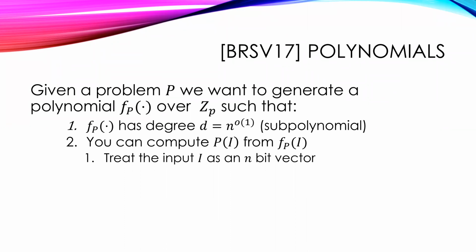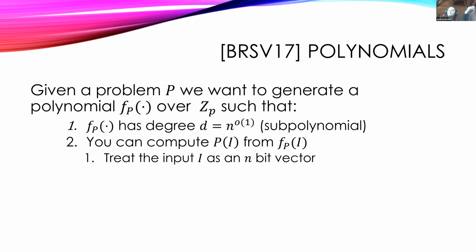And you can use this polynomial to compute the answer to your original problem. So in the case of the FOV polynomial and F0 k-clique polynomial they came up with, it turns out that FOV computes exactly counting OV. So if you treat this input I as an n-bit vector, that's just the input to your original OV problem, you can use their FOV of I to compute, on any 0, 1 input, the corresponding counting OV problem.